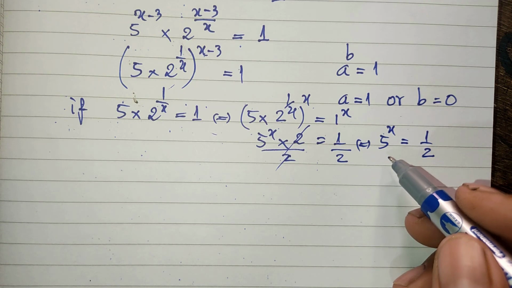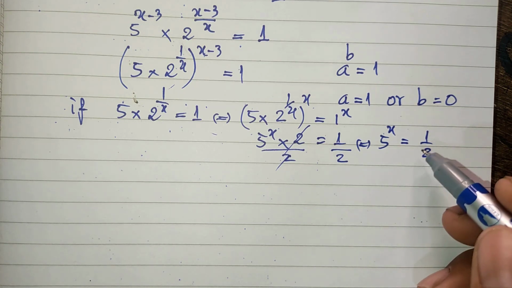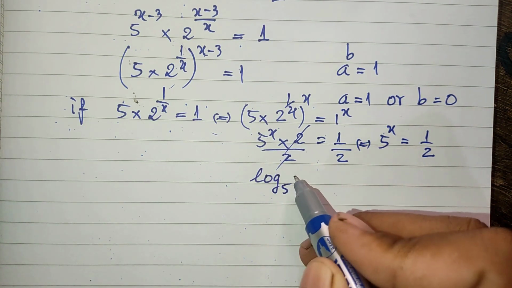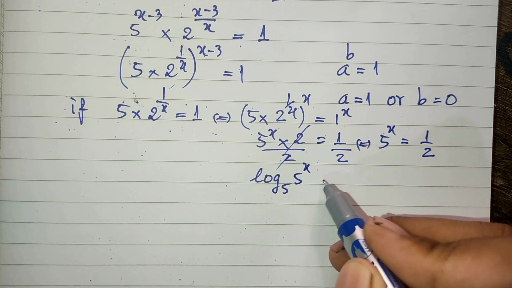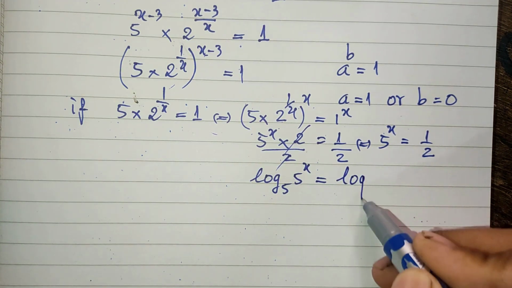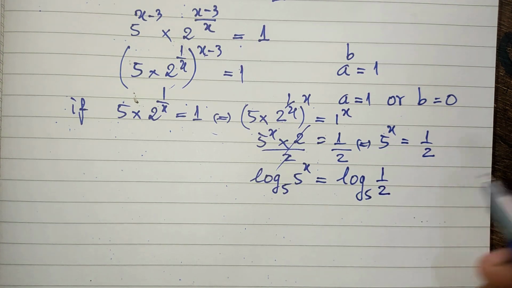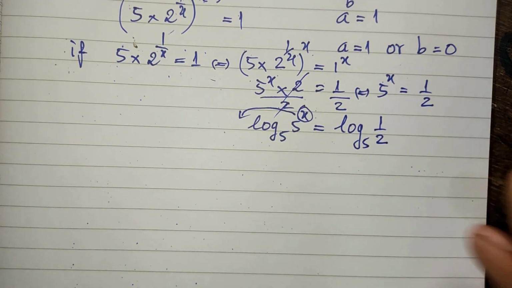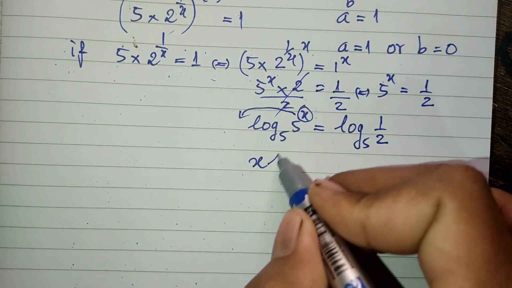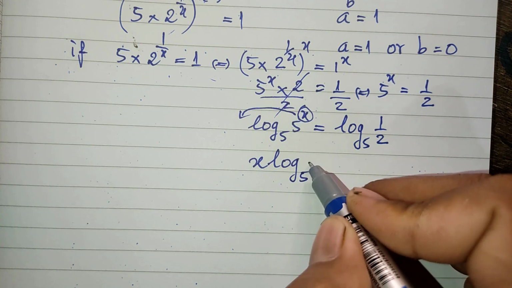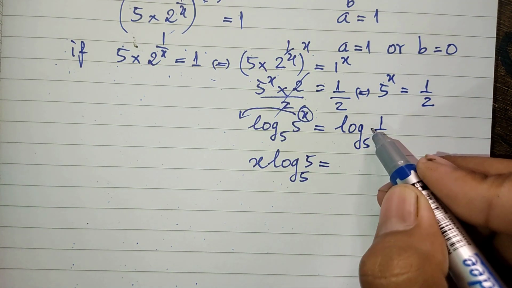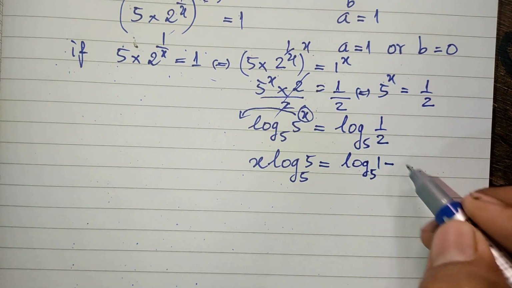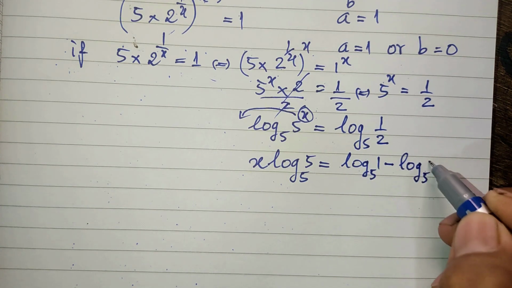Now I take log base 5 of both sides of this equation. We get log base 5 of 5 power h equals log base 5 of 1 divided by 2. We take h to the front of the log, so h log base 5 of 5 equals log base 5 of 1 minus log base 5 of 2.